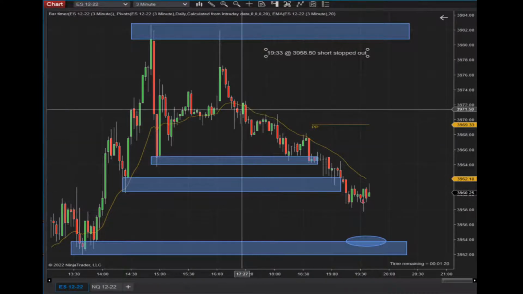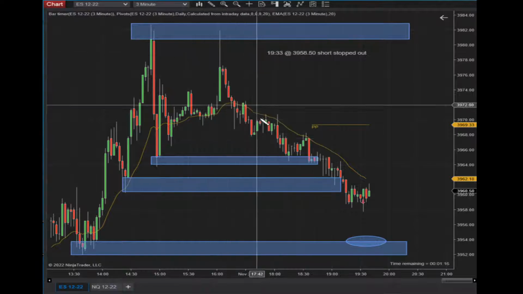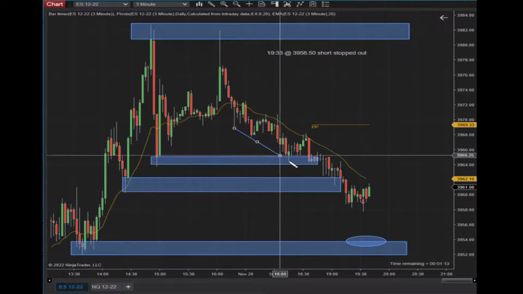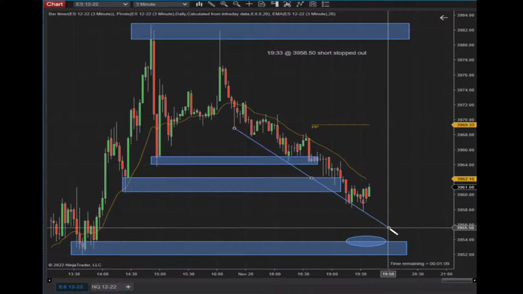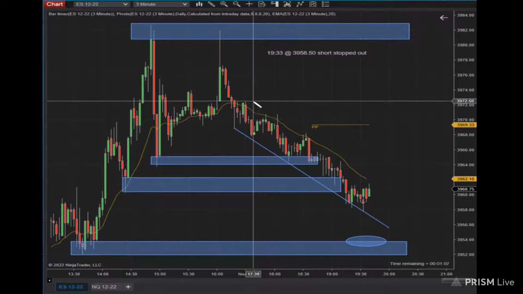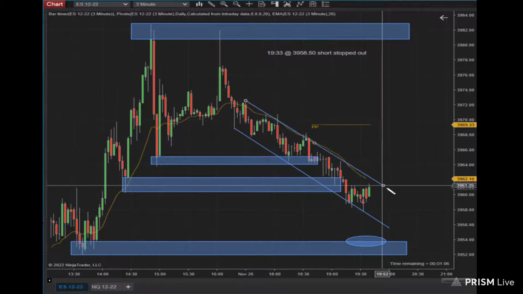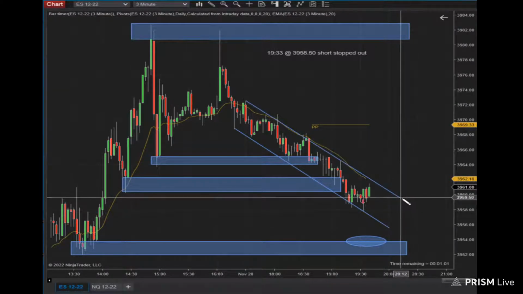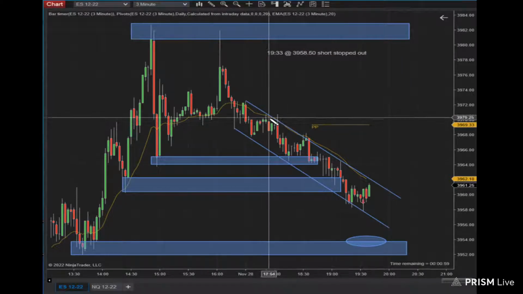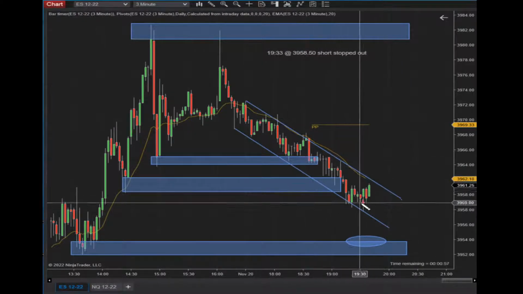So we're still in this downtrend. Let's just draw some lines on this trend. So we're in this downward range.